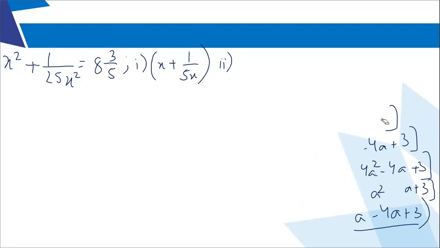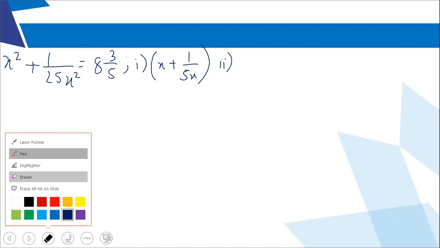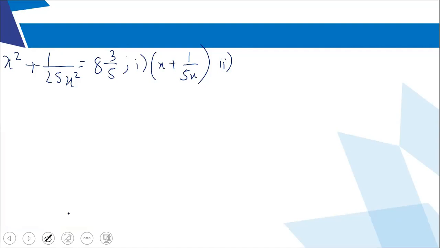We cannot take it that way. Part 2 I'm writing. You solved part 1? Part 1 is done. Now only one step remaining. You have to find out x cube plus 1 upon 125 x cube.